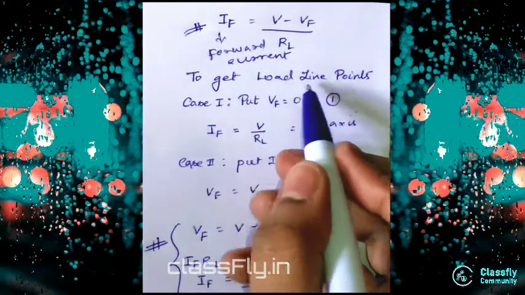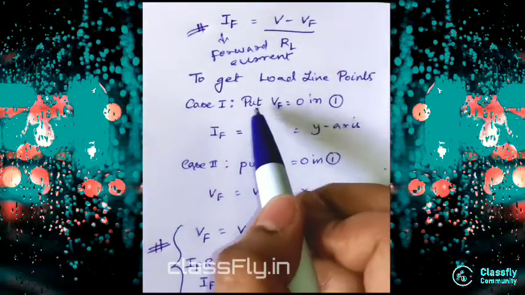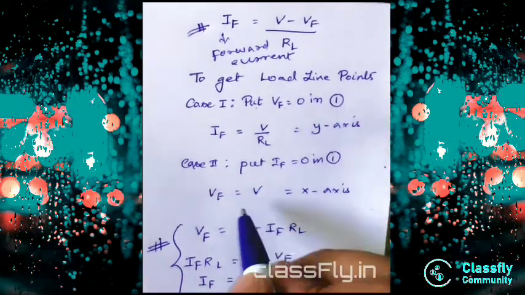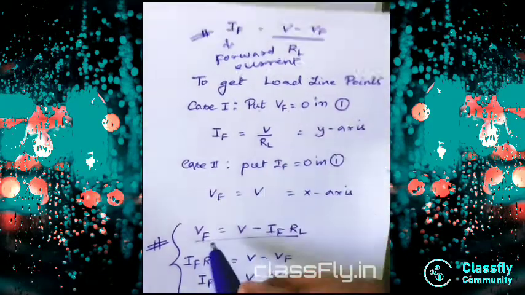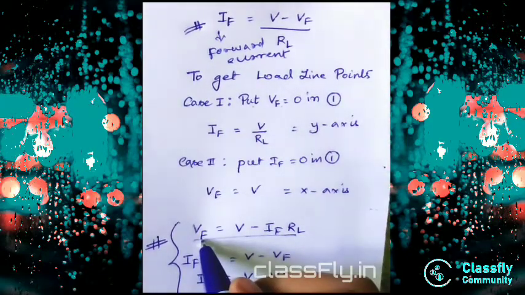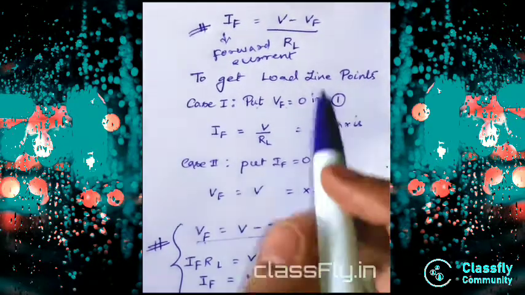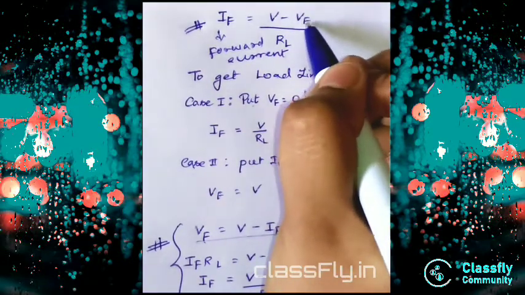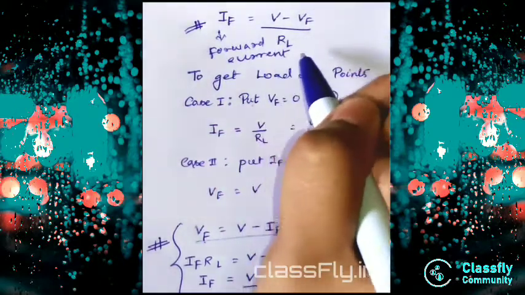Now to get the load line points, we put VF equal to 0 in the first equation. If I put VF equal to 0, I am left with IF equal to V by RL.